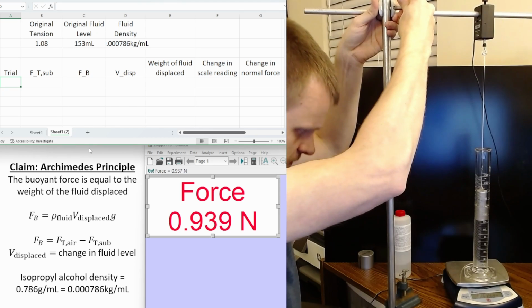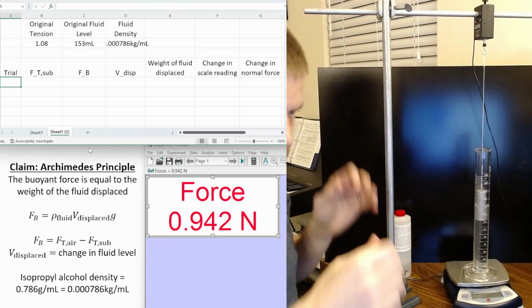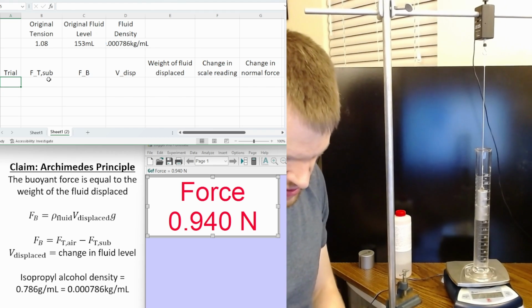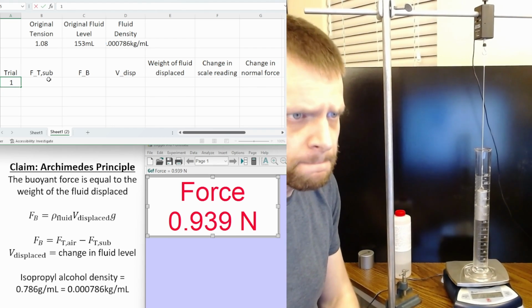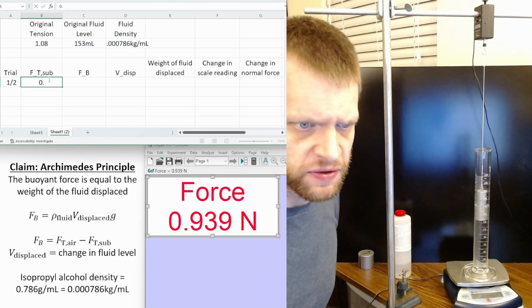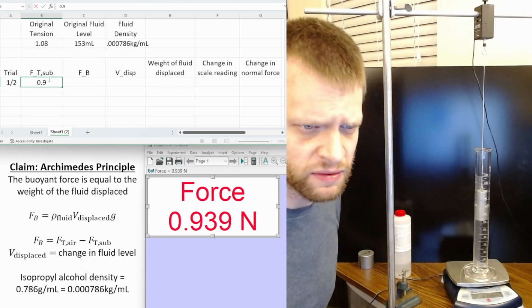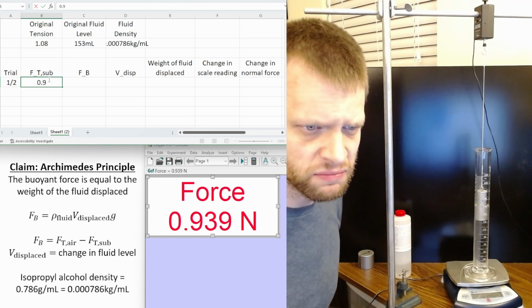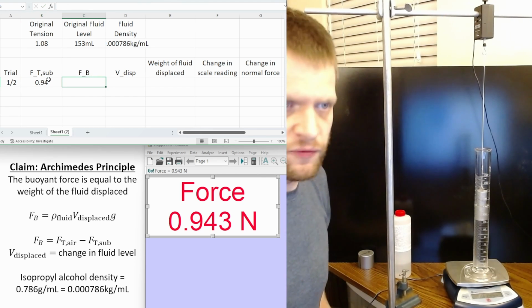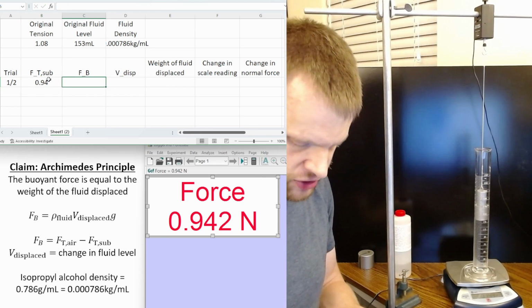Lock that off. And now, with this being half submerged, our force of tension is around 0.940.